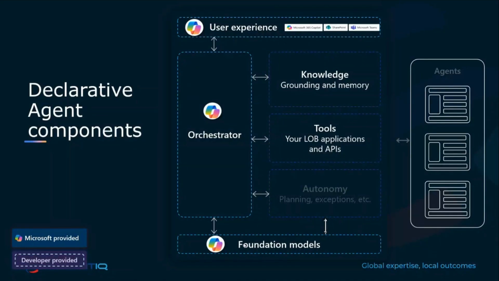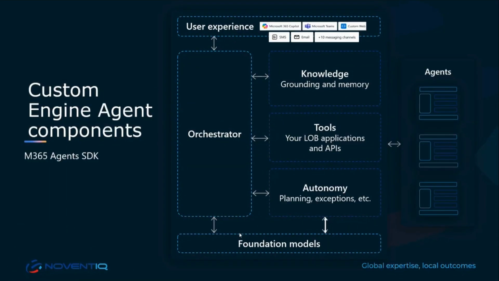So let me go over the custom engine agent kind of architecture. You see here the user experience is again fixed, and there are 10 plus more bot service channels. So it's built upon something called Azure or Microsoft Bot Framework that got ported into two aspects. One is M365 Agent SDK, another one is Teams AI Library.